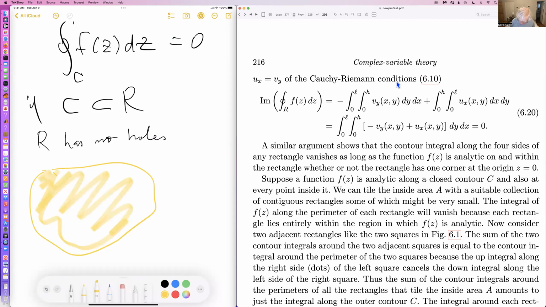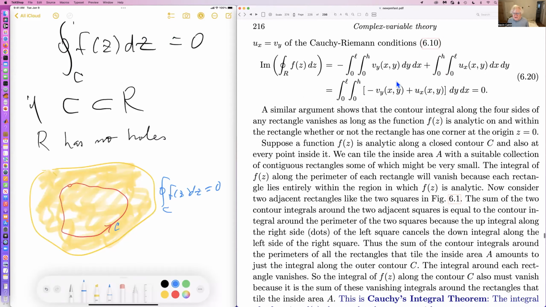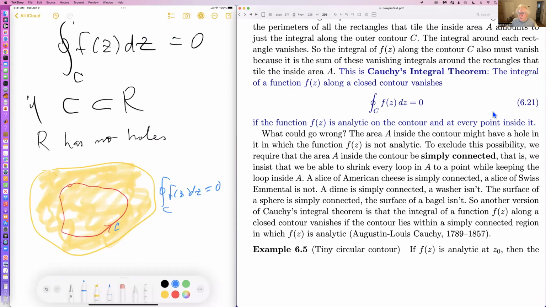The whole region has to be analytic, like that. And so then if we switch to say red, we can have a contour in here, and the integral along that contour, we call that contour C, the integral along C, closed, circle meaning closed, f of z dz equals 0.